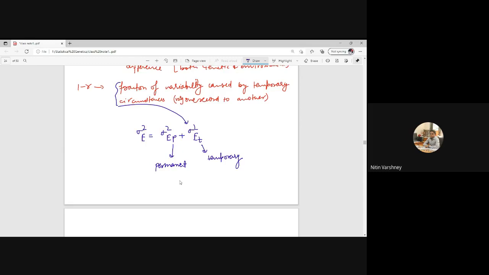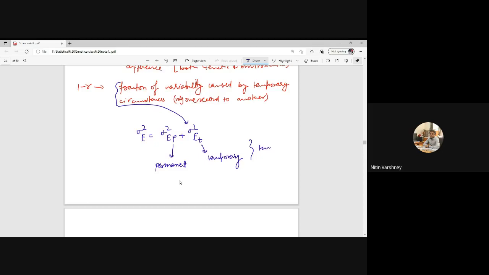Okay, so suppose there is one area. Suppose I am taking one example that this Dang area of Gujarat only has rainfall in monsoon. Suddenly the rainfall is in winter season or summer season, so this type of effect will be a temporary environmental effect.